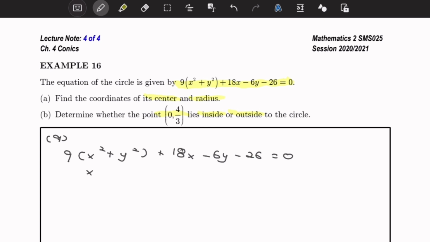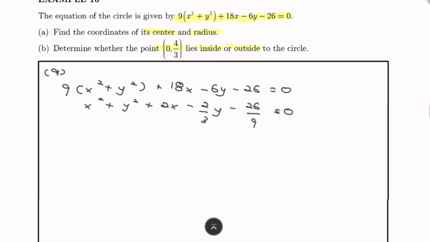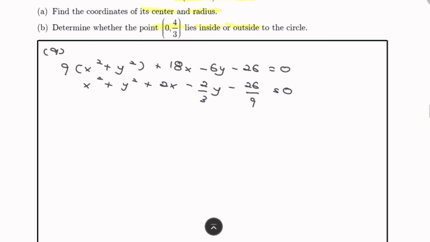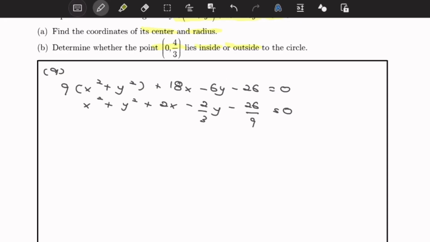So we are going to get x squared plus y squared plus 2x minus 2/3 y minus 26/9 equals 0. Next, we are going to compare this equation with the general equation of the circle.